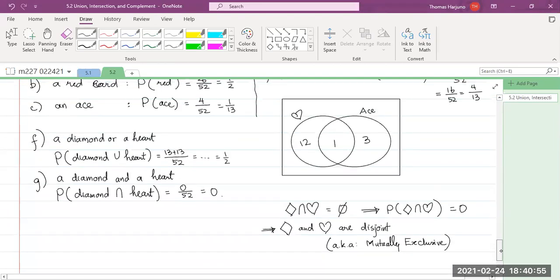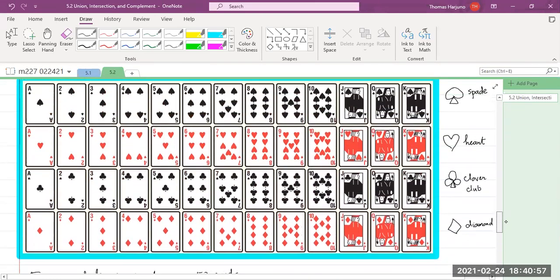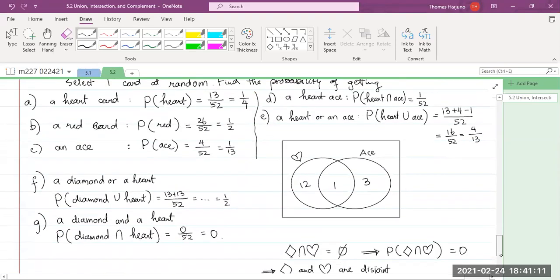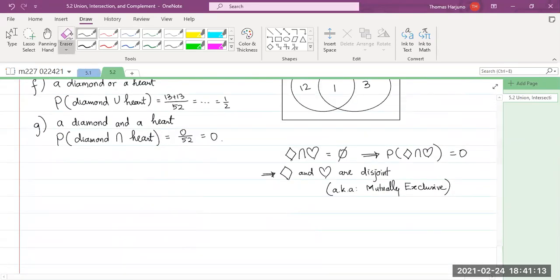Now, on Monday, we will start working on problems in our book with 5.2. Okay, and 5.2 problems in the book, and also problems from my old tests. Okay, but before I let you go, I would like to write one formula that you need to memorize, and you will see this in my lesson 6. Okay, something called the inclusion exclusion formula.